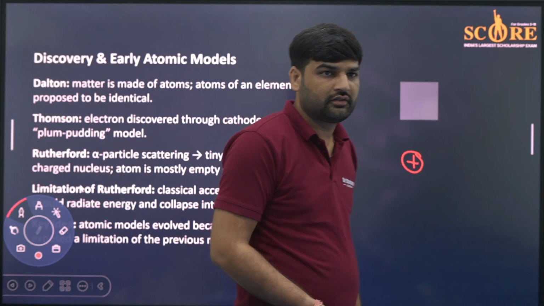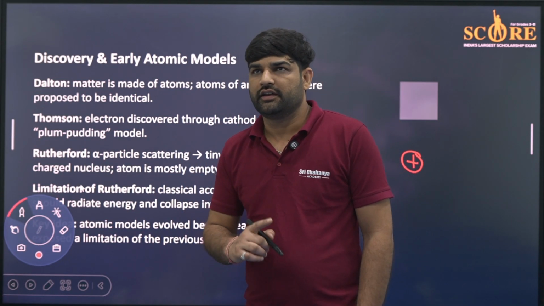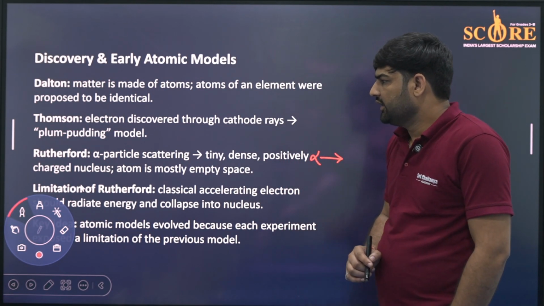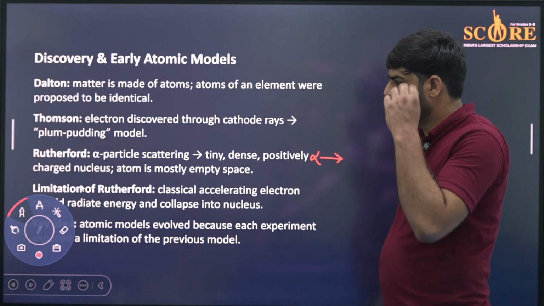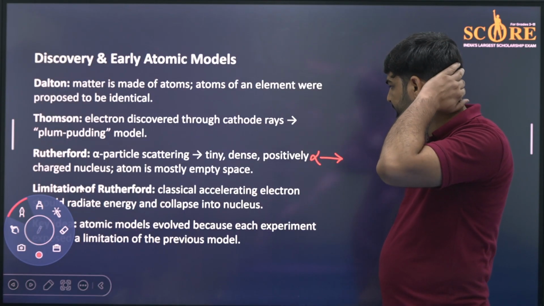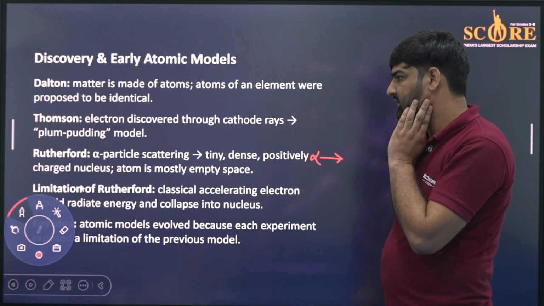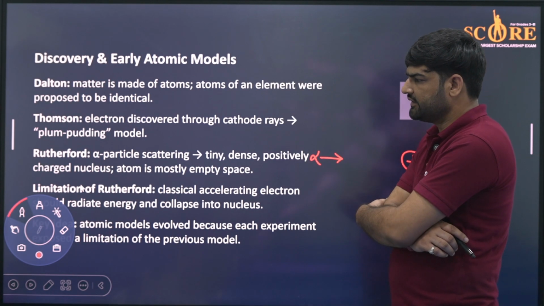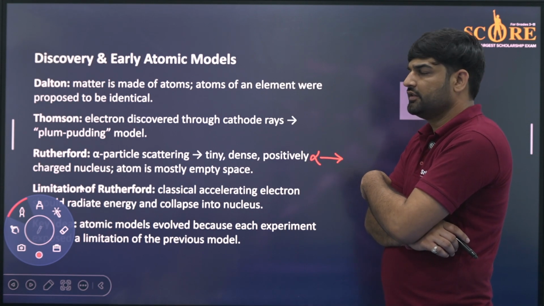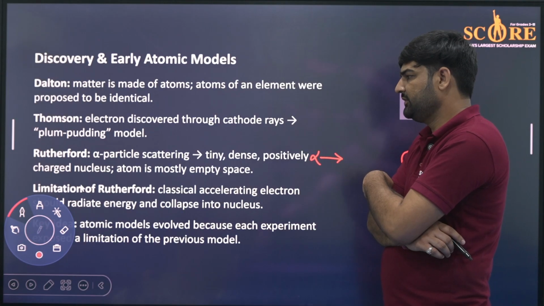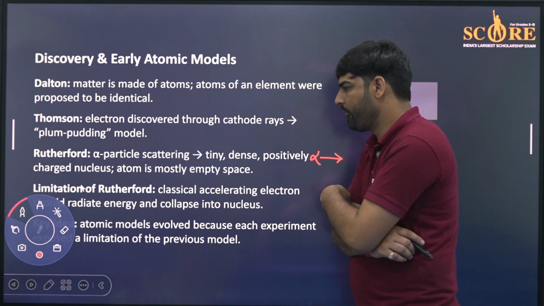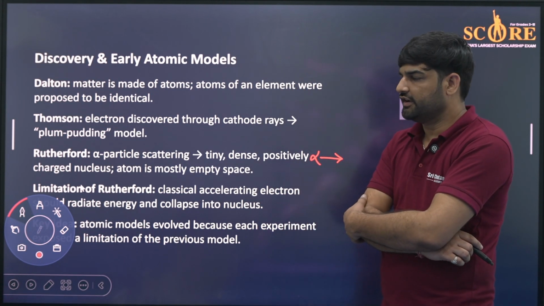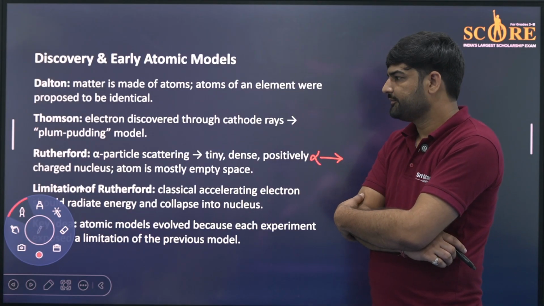The next model was Rutherford model, and he used the alpha particle scattering experiment to explain his model.